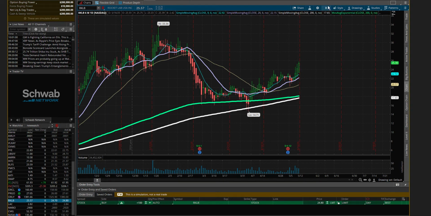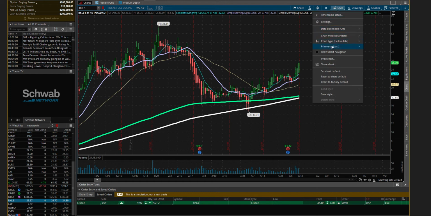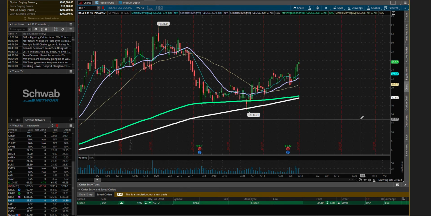If I change it back to candlestick, alright, I see the break, the big green bar that came in, found the bottom, and then the break of this move here where this red bar came in and then this green bar took it out.